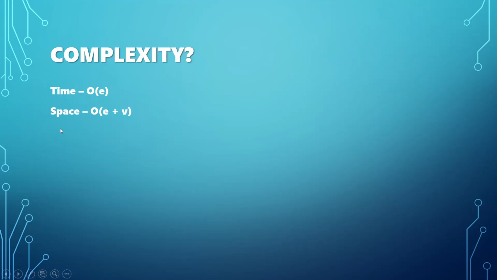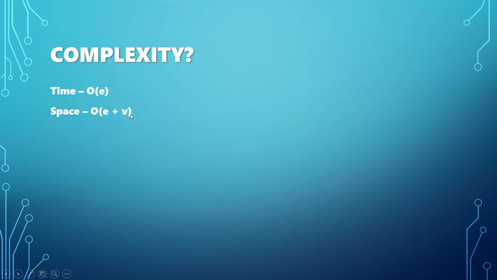But if we are talking about the space complexity, it's a bit tricky. From one side, the algorithm keeps every edge in a stack, so we spend O of E memory, of course. But the algorithm is a kind of recursion, so we have to keep every call in a call stack.